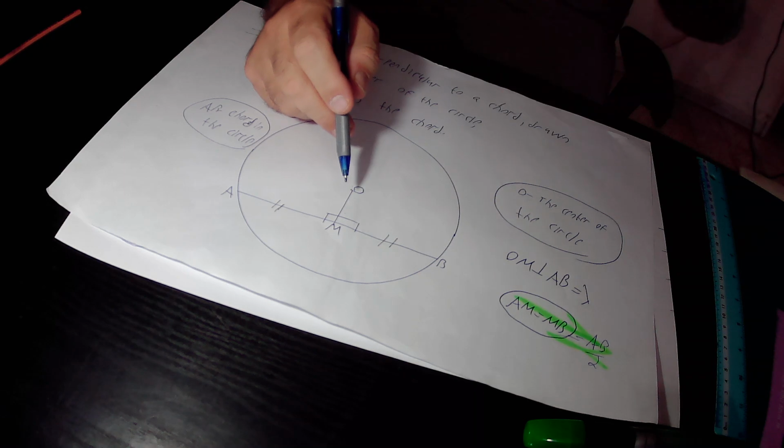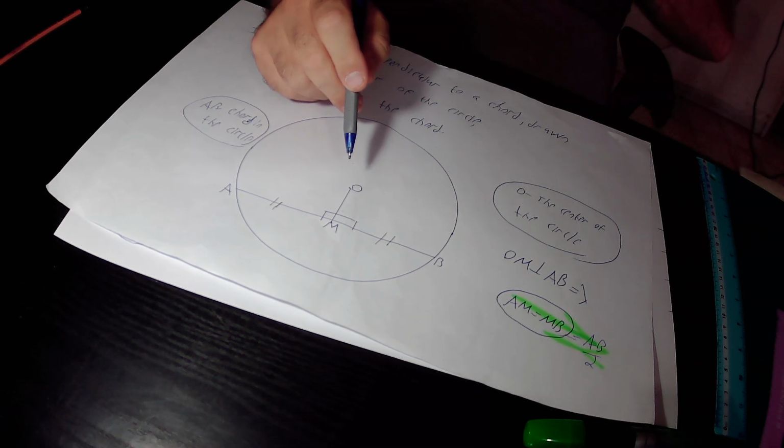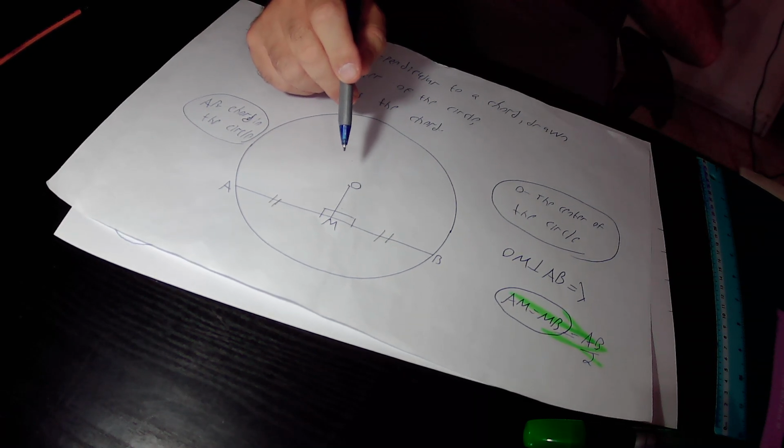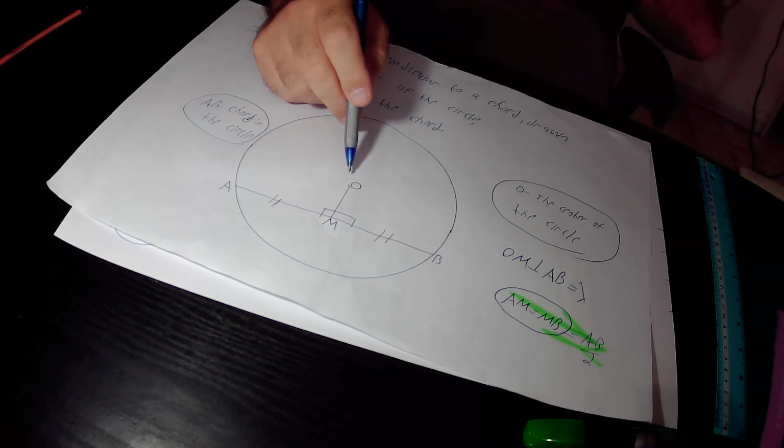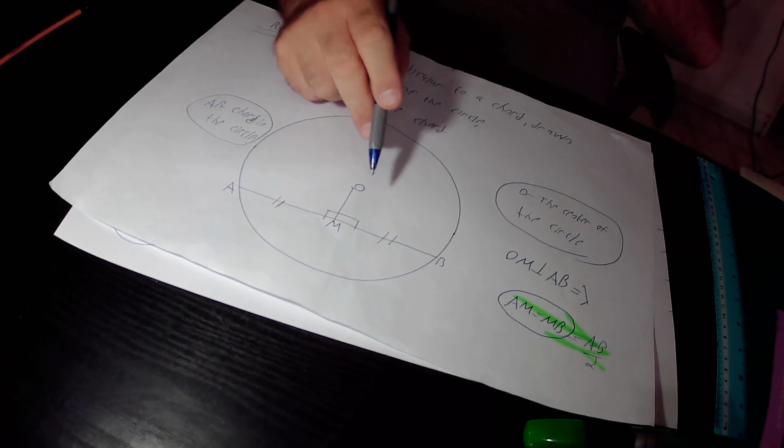And according to rule 11, whenever you draw a perpendicular from the center of the circle towards any chord, it will bisect the chord. That is to say, perpendicular OM, drawn from point O, the center of the circle, will bisect chord AB.